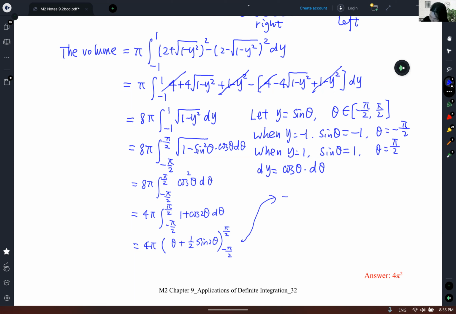Finally, the substitution, 4 pi, that's pi over 2 plus 1 over 2 sine pi, which is 0, minus negative pi over 2 plus 1 over 2 sine negative pi, which is also 0. So that means 4 pi times pi. The answer is 4 pi squared.